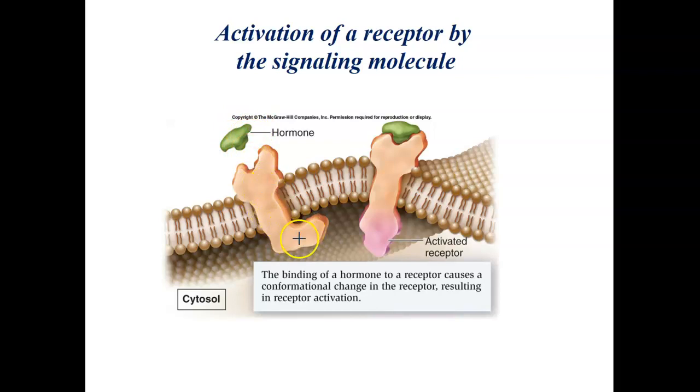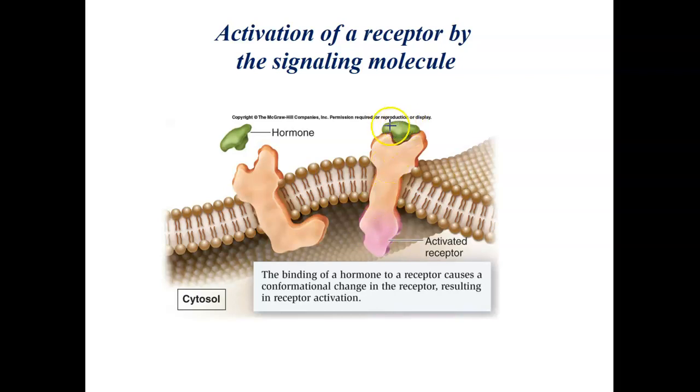And here we have that cell surface receptor in an inactivated state. It is waiting to bind to a particular signaling molecule. Upon binding of that ligand, which has high specificity for that particular receptor, the receptor itself is going to undergo a conformational change, which will lead to a signaling cascade.